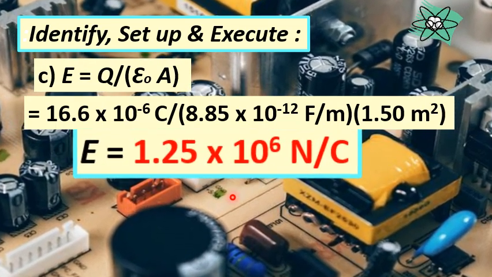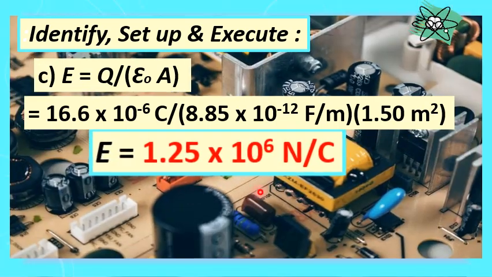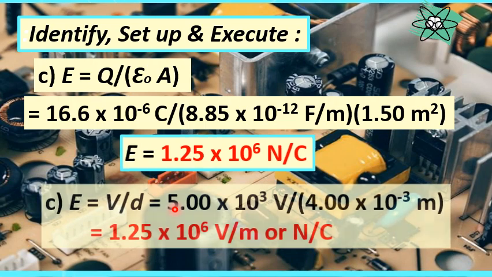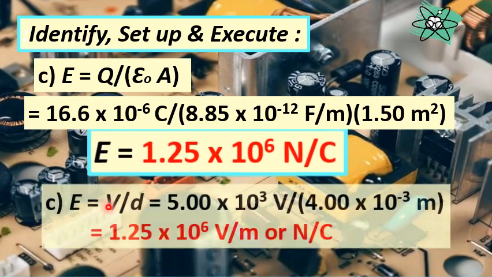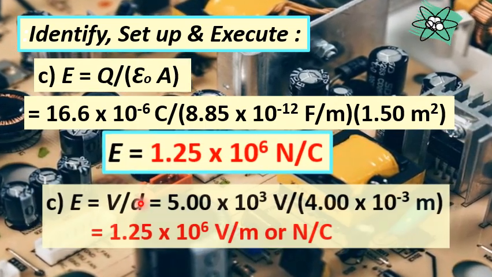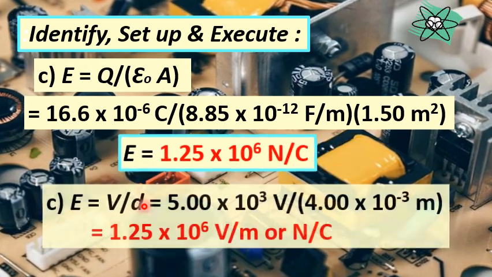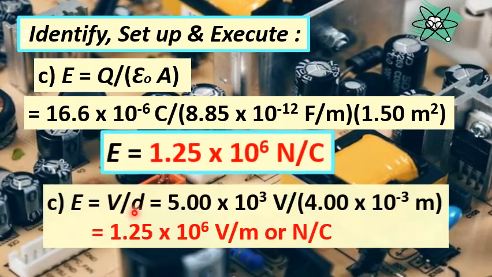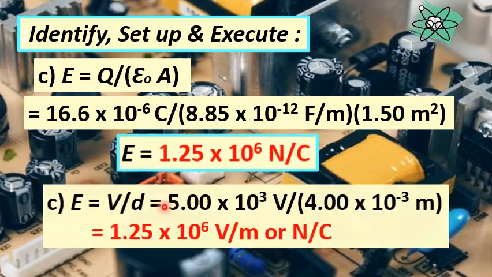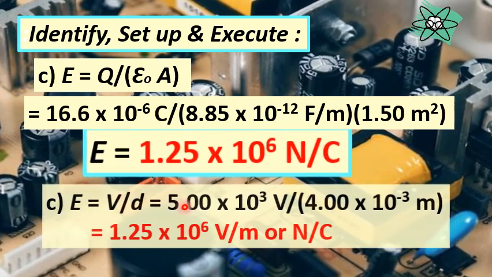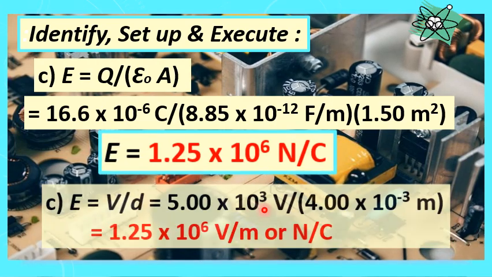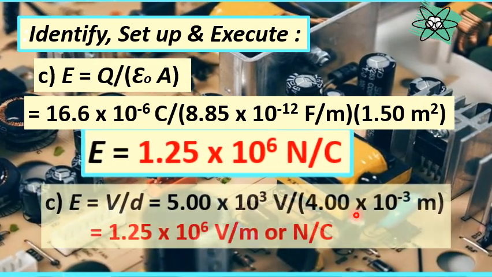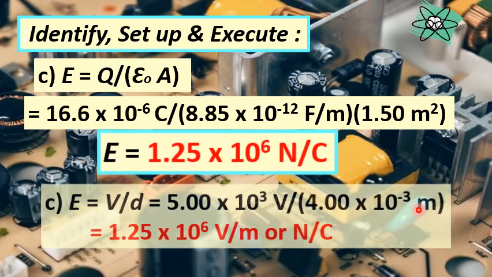We can check this value of the electric field using another formula. That is, in terms of the voltage or potential difference V and the separation distance of the two plates. All right? So, substituting, we have 5.00 times 10 to the third volts divided by 4.00 times 10 to the negative 3 meter.